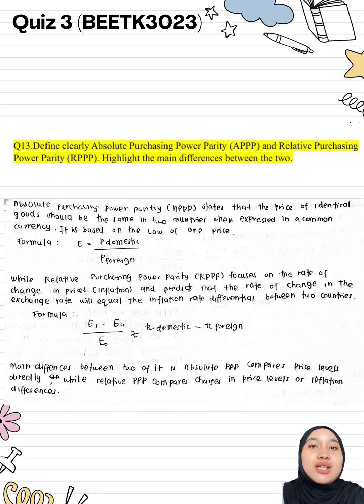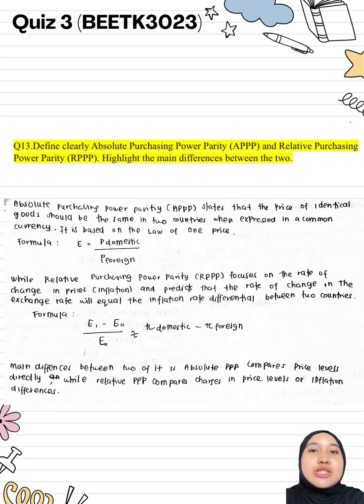For example, if a basket of goods costs 100 ringgit in Malaysia and the same basket costs 20 US dollars in the US, then the exchange rate should be 5 ringgit per USD. This is based on what's called the law of one price. However, in reality, transport costs, taxes, and trade barriers make this less practical.